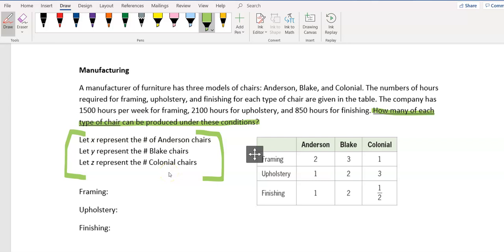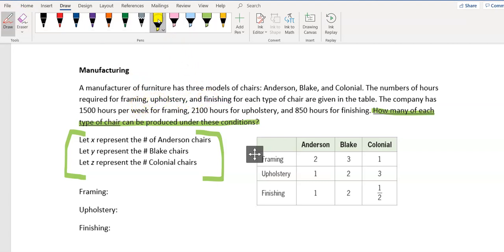Now that I know what x, y, and z are, I need to come up with 3 equations to help us solve this. So the 3 situations that were given in this particular question are framing, upholstery, and finishing. So actually, let's make those 3 different colors to make it a little easier.